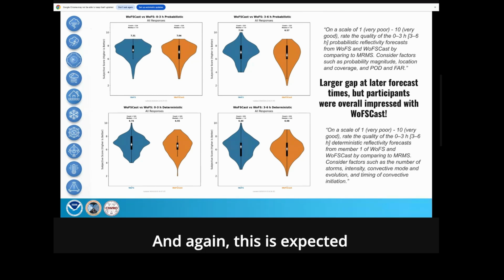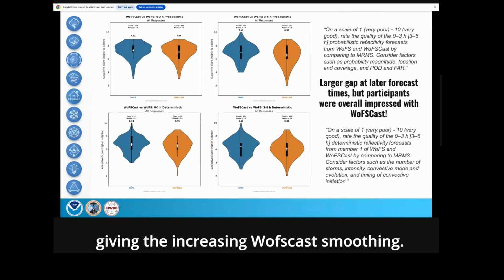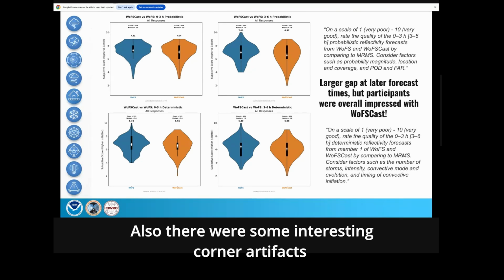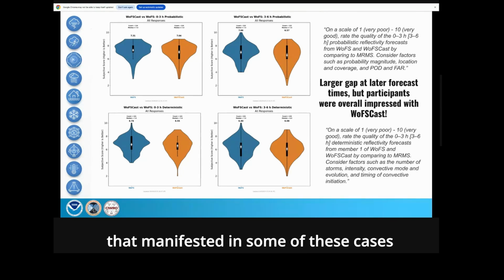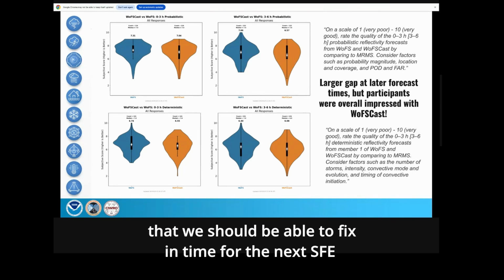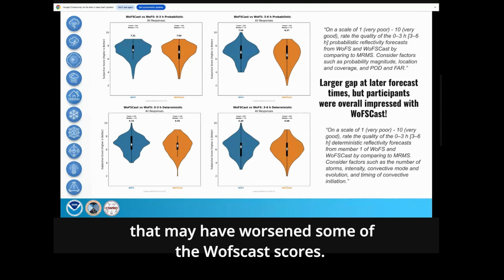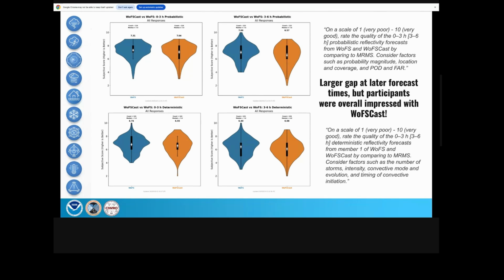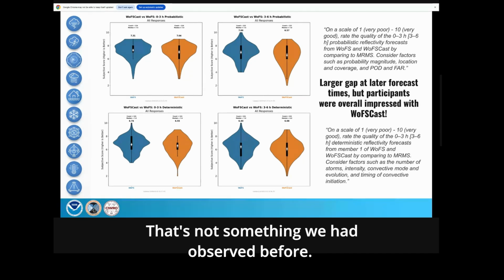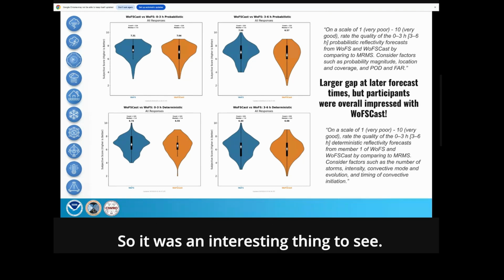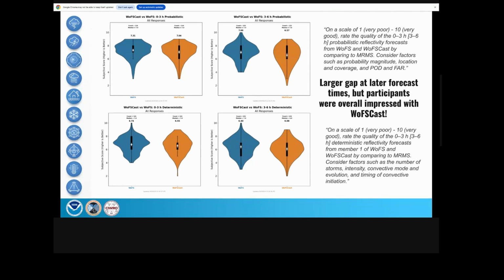And again, this is expected given the increasing WoFSCast smoothing. Also, there were some interesting corner artifacts that manifested in some of these cases that we should be able to fix in time for the next SFE that may have worsened some of the WoFSCast scores. That's not something we had observed before. So it was an interesting thing to see.